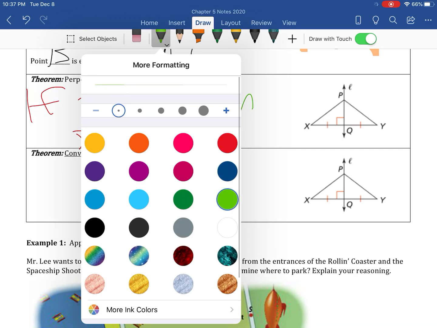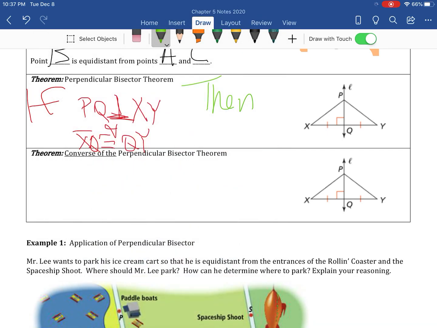What we can conclude is that XP is congruent to PY. So if all of this picture is true, all we know is that these two segments are congruent to each other.